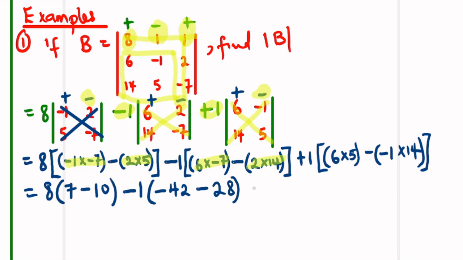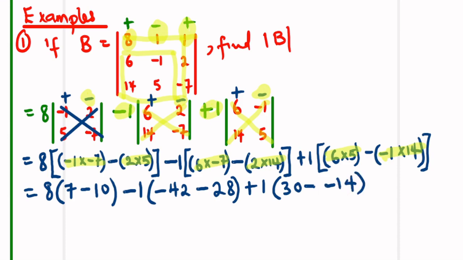Now let's close this bracket and move to the next one, plus 1. We'll open a bracket. So 6 times 5 gives us 30. And then we'll have minus, then minus 1 times 14. Minus 1 times 14 gives us minus 14.